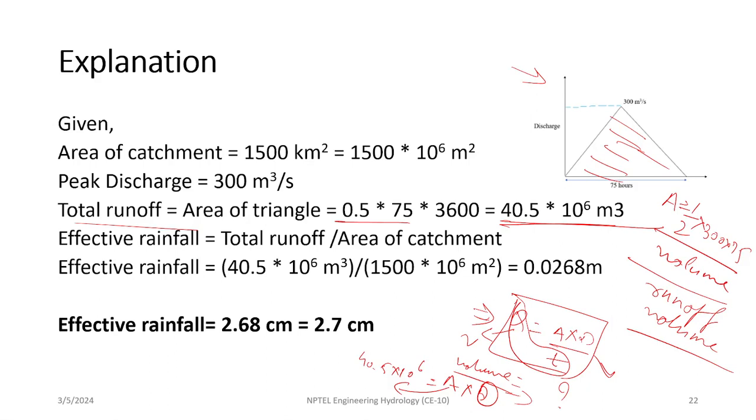Just 0.5 into 75. Ma'am, are you facing any difficulty in this? Yeah, I get a different value. Okay, what? 1,35,000. Total runoff 0.5 into 75 into 3,600, I get 1,35,000.